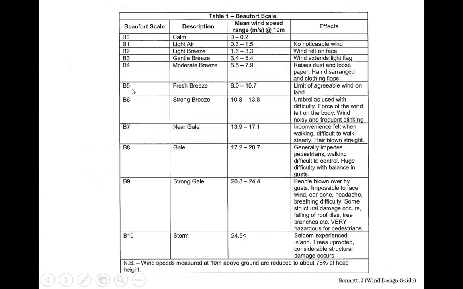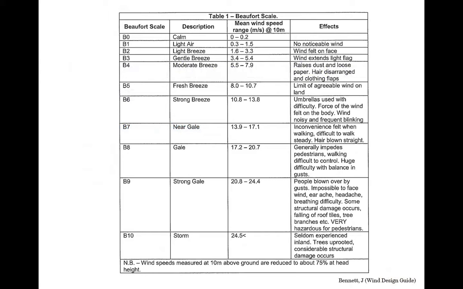So for example, B5, fresh breeze, 8.0 to 10.7 meters per second, limit of agreeable wind on land. If we look down at a stronger wind, B8, 17 to 20 metres per second, generally impedes pedestrians, walking difficult to control, huge difficulty with balance in gusts.